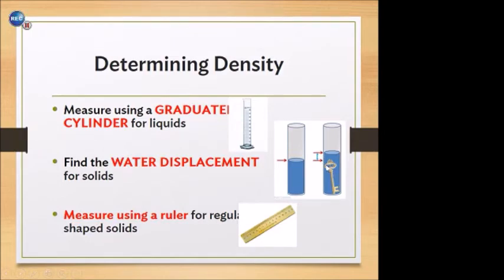The amount that it displaced the water is the volume of the key. Or if you have a regular shape, you would just measure each side and then use the formula. For instance, for a cube, it's going to be length times width times height, or for a rectangular prism, the same. So you would just use your measurements to figure out what the volume of the object was.